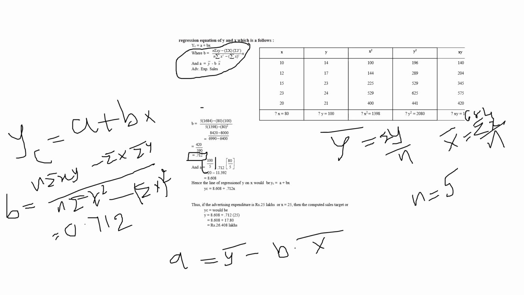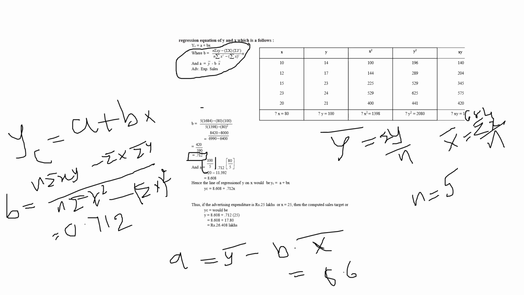If you study this, you will understand the summation more clearly. When we get y bar minus b into x bar, b we found as 0.712, y bar I told you is summation of y by n, x bar is summation of x by n. So we get the value. How much are we going to get? 8.608. Okay, the answer comes to 8.608.